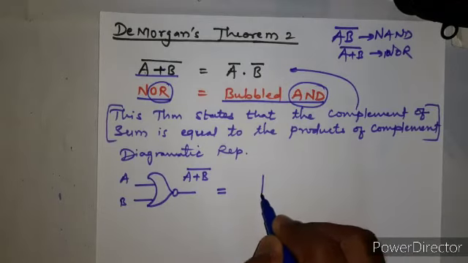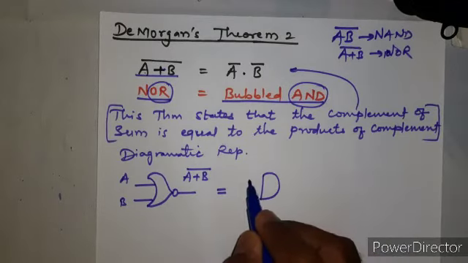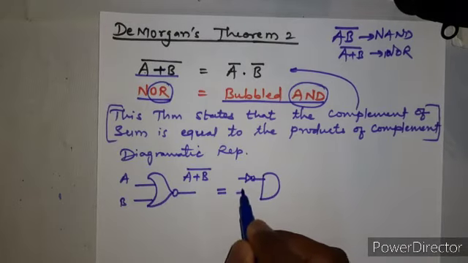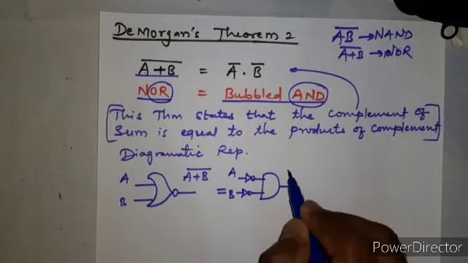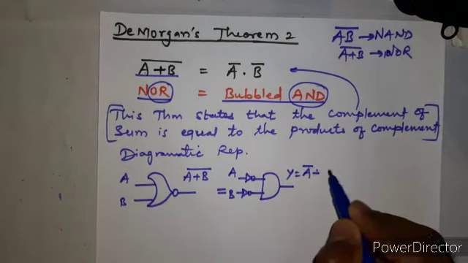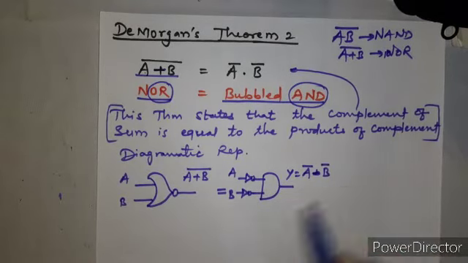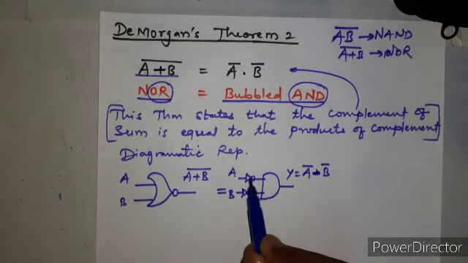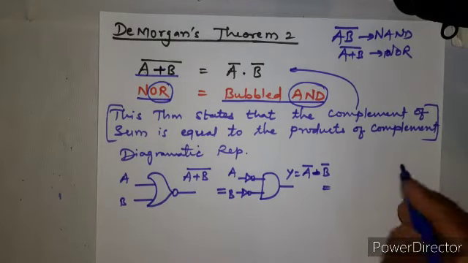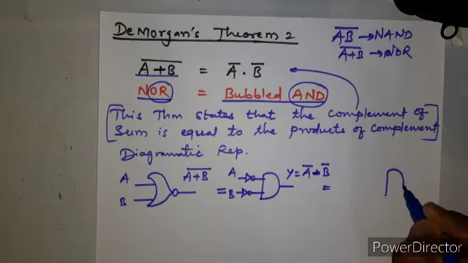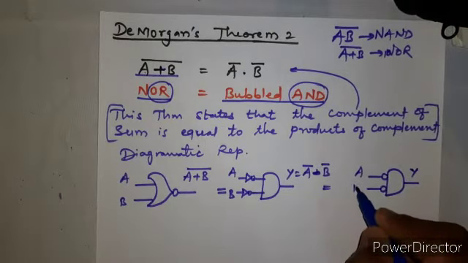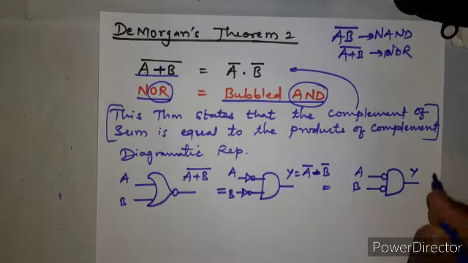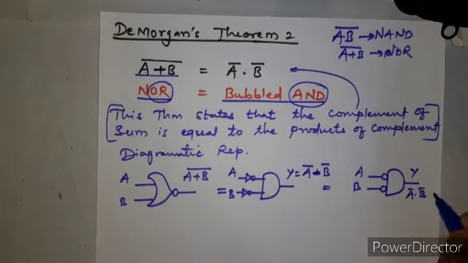So we have this AND gate, and the inputs to this are bubbled. So this is A, this is B, and I can say Y equal to A bar dot B bar. Again, instead of the complete NOT gate, I can represent this with the help of a bubble. I can redraw this here. This is Y, this is A, this is B, right? So Y equal to A bar dot B bar.